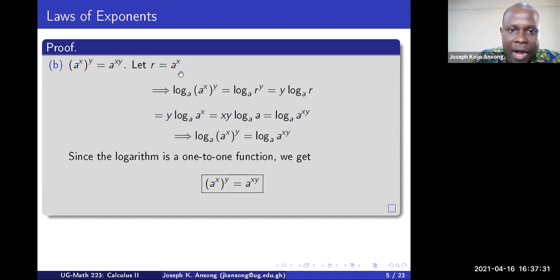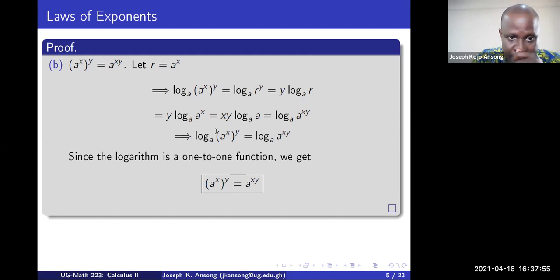We call this r, right? So this is log to the base a of r to the y, which is equal to, from the properties of log, I can bring y here, y times log to the base a of r, okay? So basically this guy is equal to that, right? But remember that r here is a to the x, okay? So we have this.